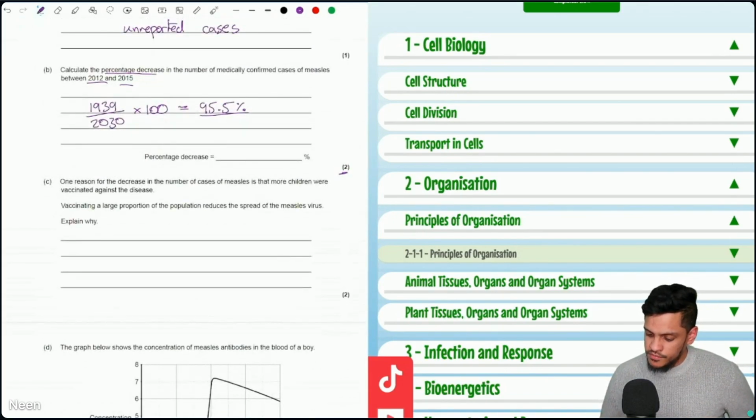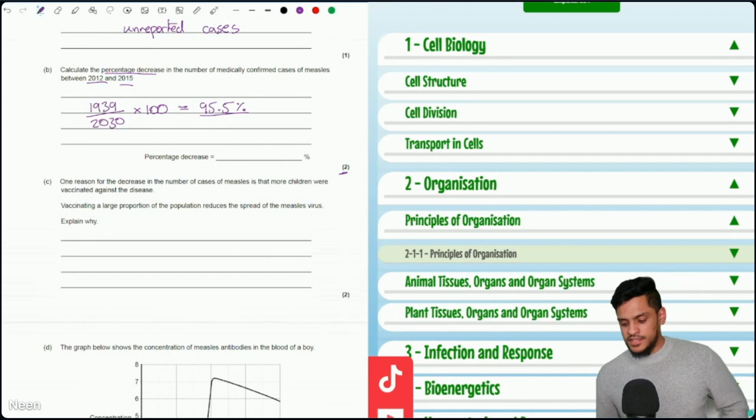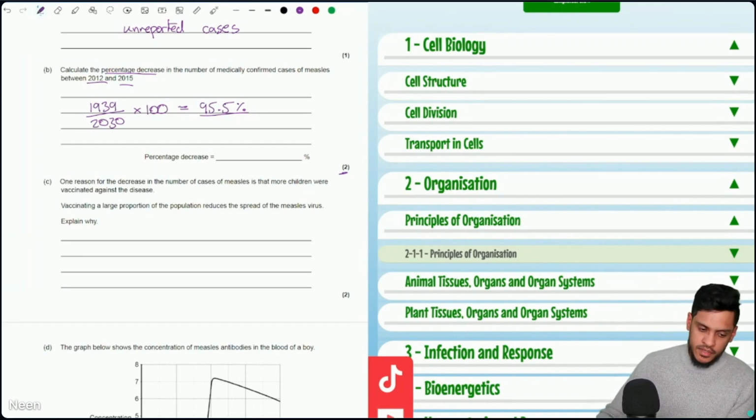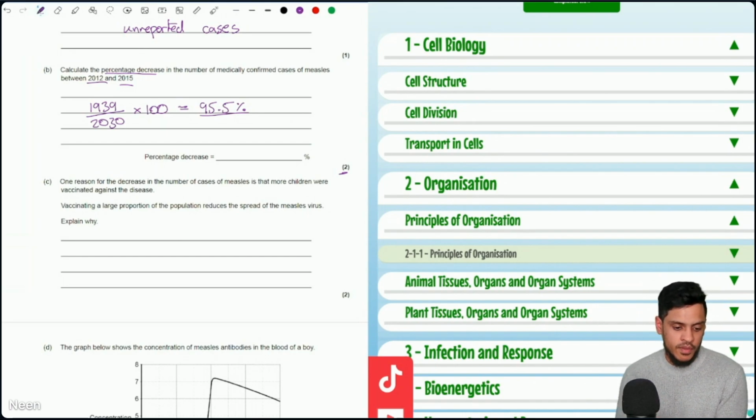Next question. One reason for the decrease in the number of cases of measles is that more children are vaccinated. Vaccinating a large proportion of population reduces the spread of measles virus. Explain why. Reason why is because more people are immune, so they don't become ill, meaning they're less likely to pass it on. It's what we call herd immunity.